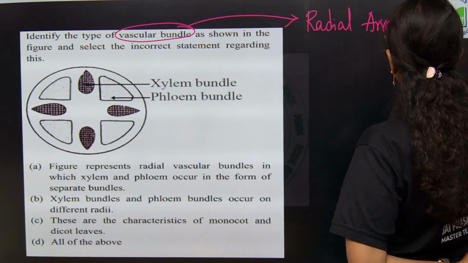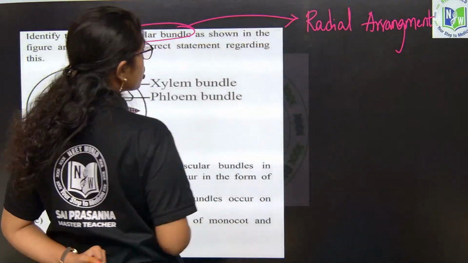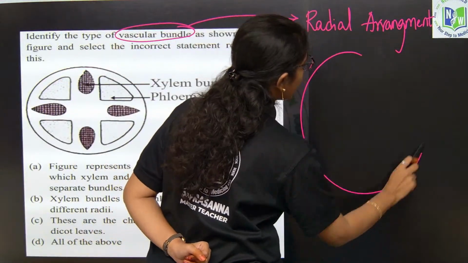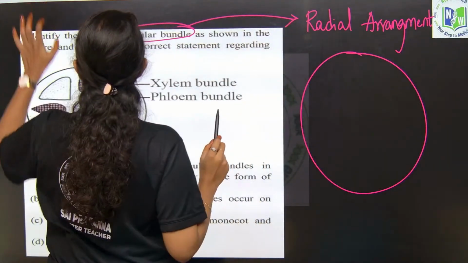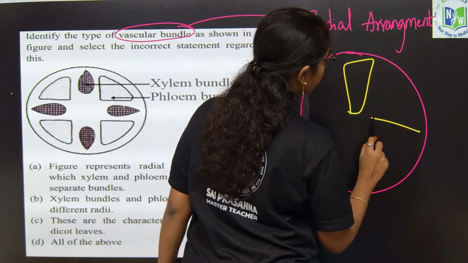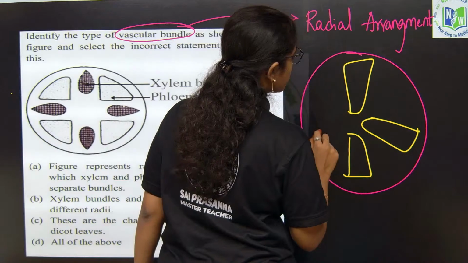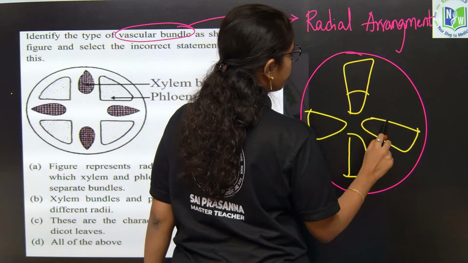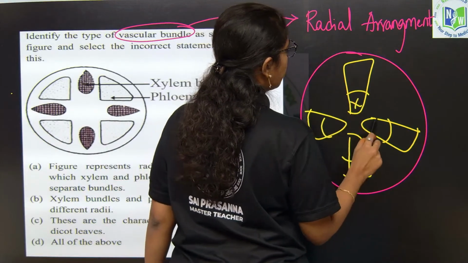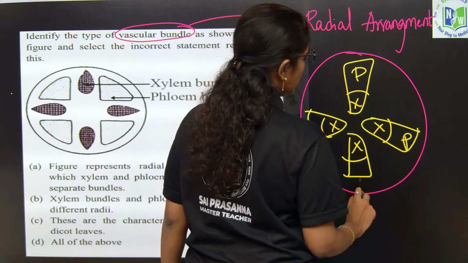Whereas in stem, if you see, it has conjoint arrangement where xylem and phloem are at the same radius. Can you see here, ma? This mode of arrangement is observed in dicot and monocot stem. Xylem is towards the inner side close to the pith and phloem is towards the periphery.